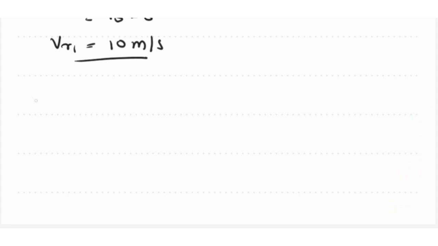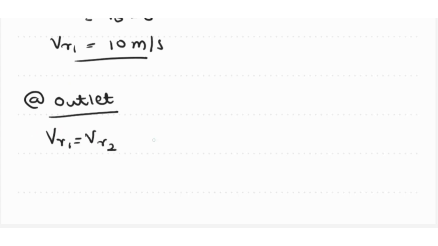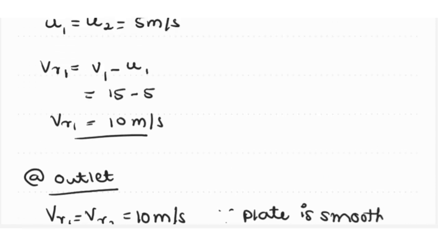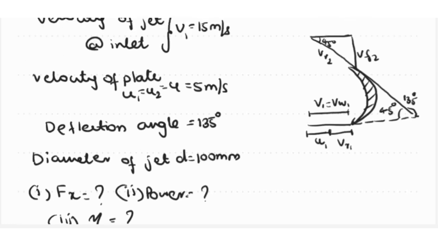So moving to the outlet, in the question they have given the vane is smooth. So in order to have the shift from inlet triangle to the outlet triangle, Vr1 is equal to Vr2, since the plate is smooth, so that is equal to 10 meter per second. So in the outlet triangle we should calculate Vw2.